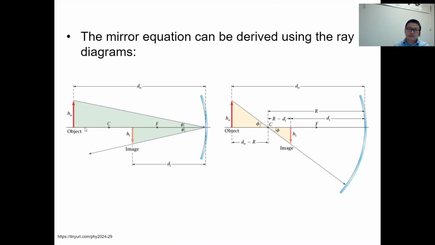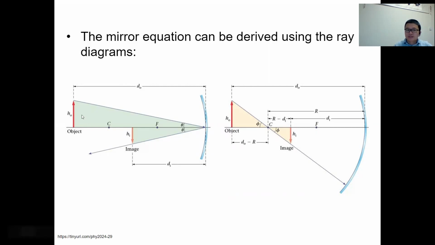Now you are outside the center of curvature. This is for the case when the object is outside the center of curvature, but it will actually apply to all cases: if the object is between the center of curvature and the focal point, or within the focal point. The equation itself applies to all three scenarios.